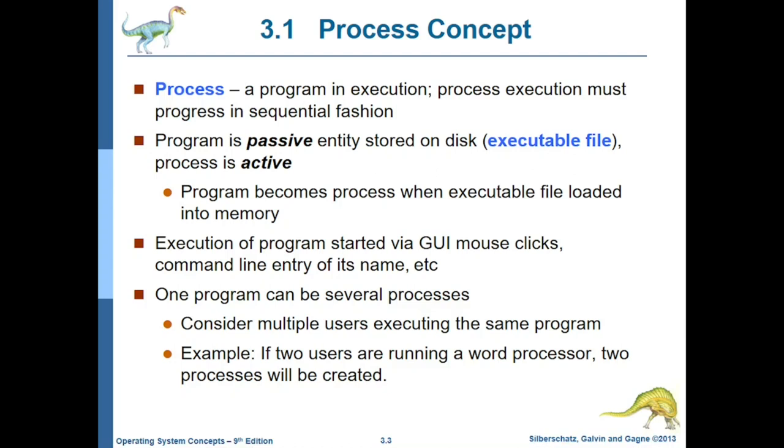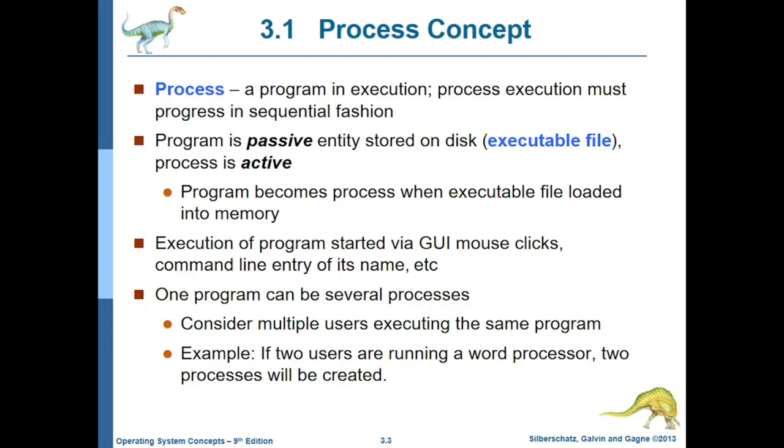A process is a program in execution, meaning that it is loaded into memory and has a program counter that points to the next instruction to be executed. A process must execute in sequential fashion following the order of instruction in the program.